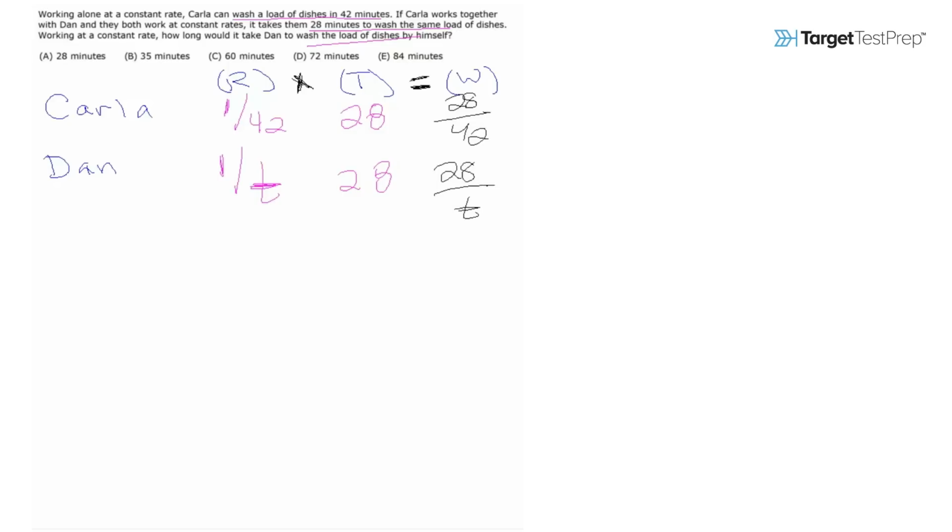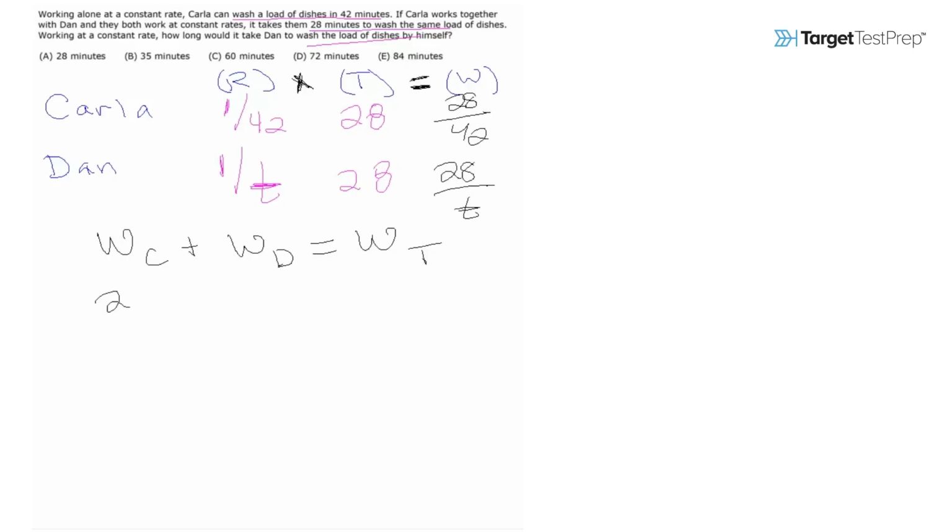Okay, so what we know is that the work from Carla plus the work from Dan has to equal the total work, right? And that's an intuitive equation, because what else would equal the total work if it were not the work from Carla added to the work from Dan? Okay, so that's easy.